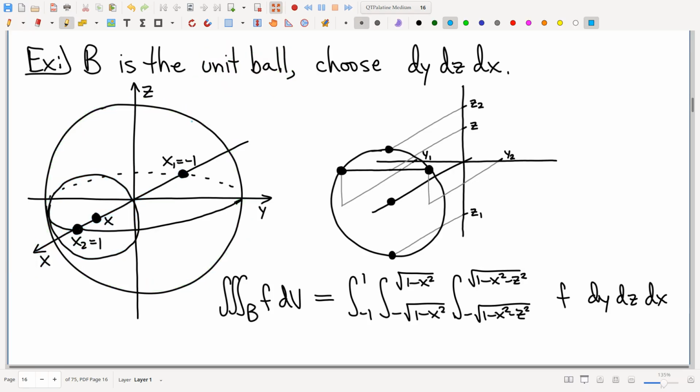And then when you look at that cross section, for that x value, we look at this x slice and I want to know what's the range of values of z. Well, z is going to start there and end there. I'm going up here. My slices look like this.